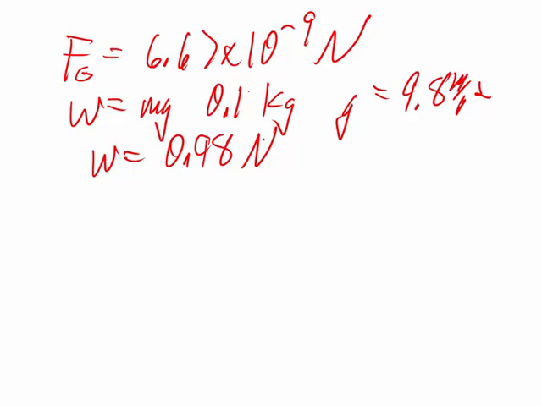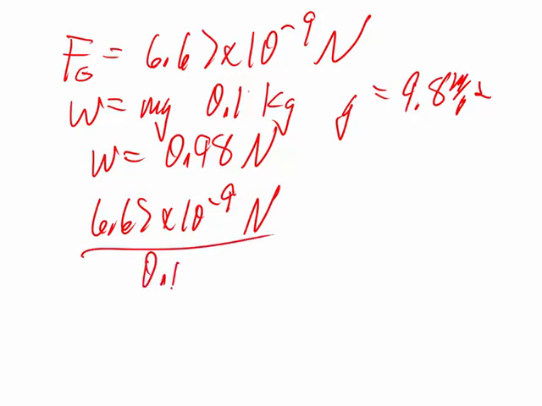We're going to take the 6.67 times 10 to the negative 9th newtons and divide it by 0.98 newtons, and what do we get? So 6.67, or if you want to use 6.7, you can. So we'll say 6.67 to the negative 9th divided by 0.98, and so what do we get?